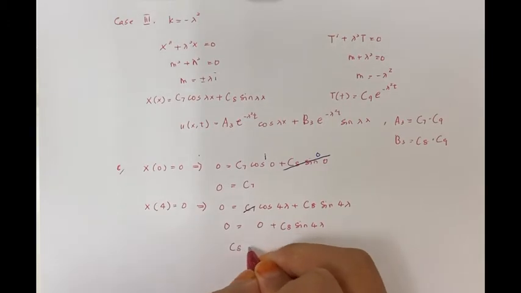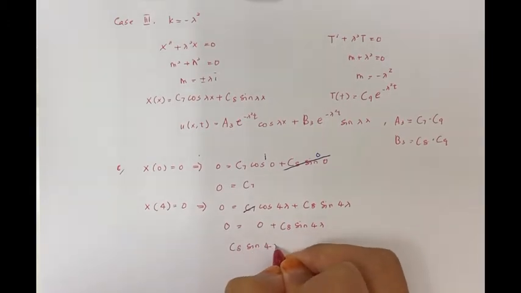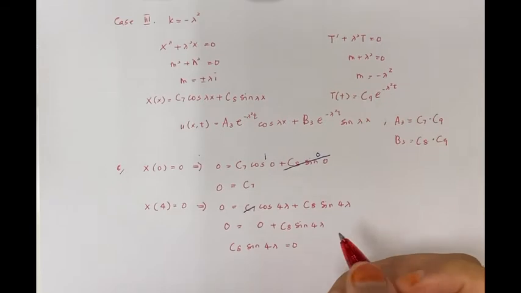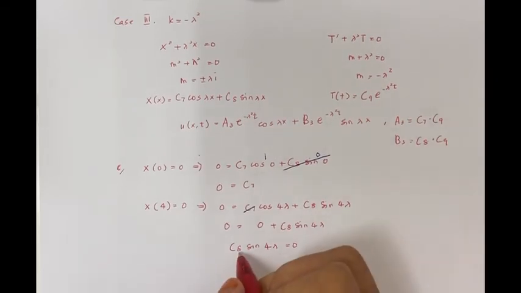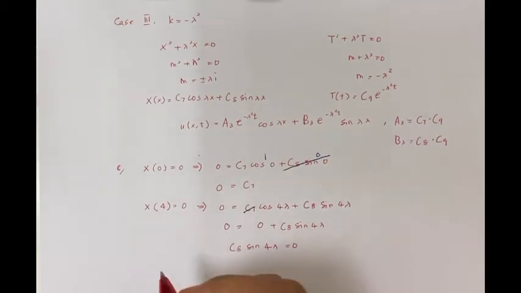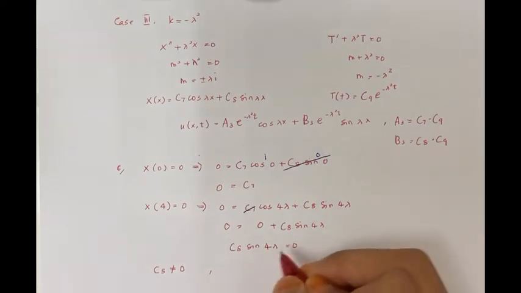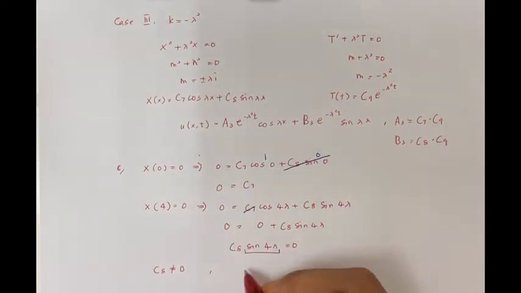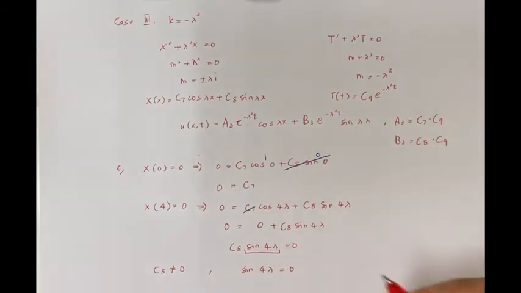Meaning that c8 sin 4 lambda is equal to 0. But you cannot have c8 equal to 0, because then you don't have any eigenvalues. So set that c8 must not equal to 0. So the rest of the term, which is sin 4 lambda, must be equal to 0.